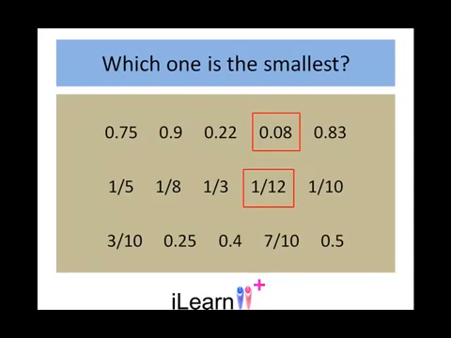Three-tenths, 0.25, 0.4, 7/10 and 0.5. Which one is the smallest?